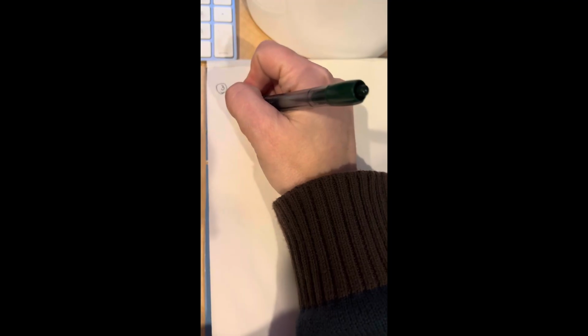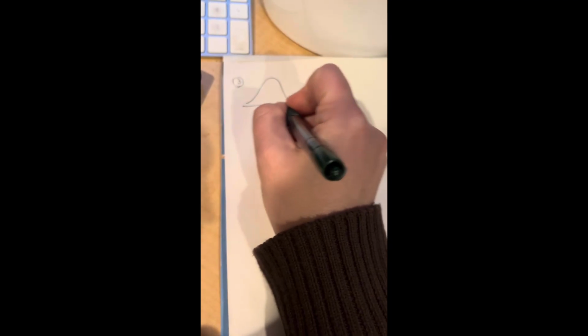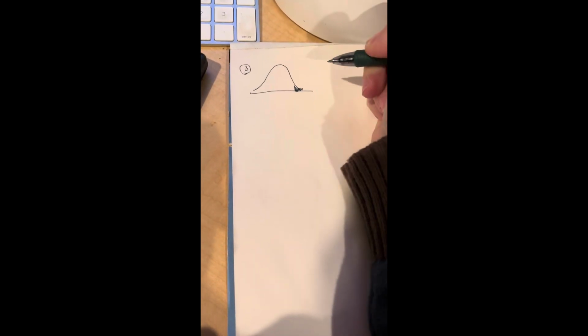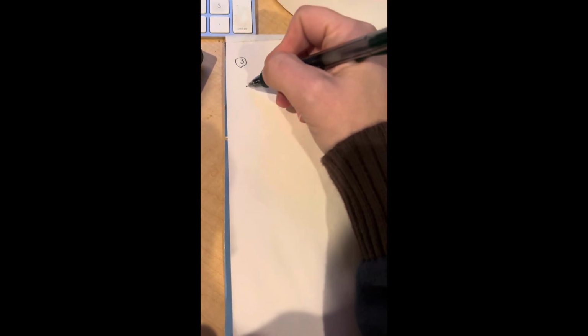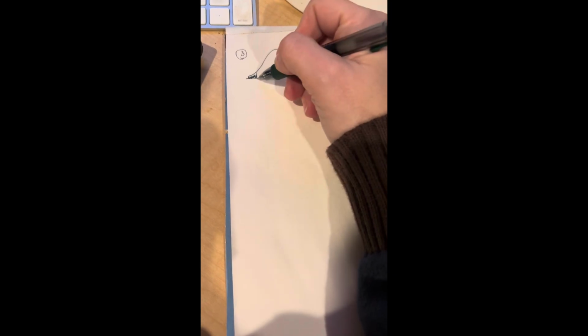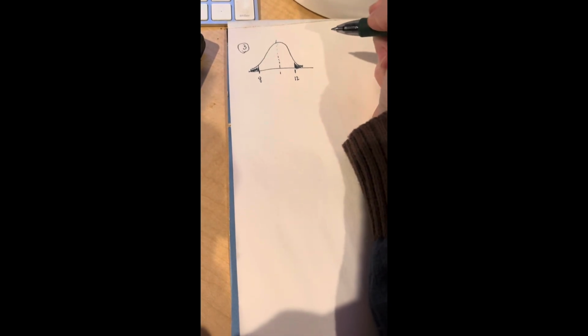So here is my bell curve. If I know 0.1 is on this side at 12, and 0.1 of my area is on this side, trying to draw it symmetric, over here at 8, then the average, that mean, is also the median.